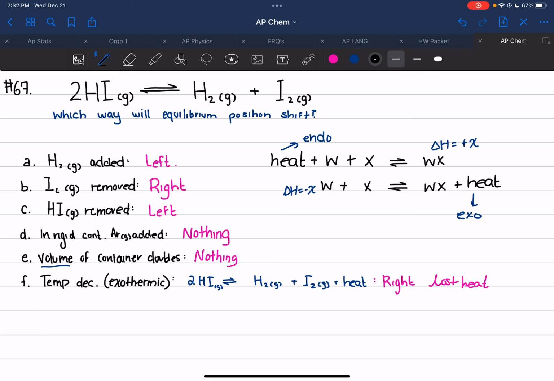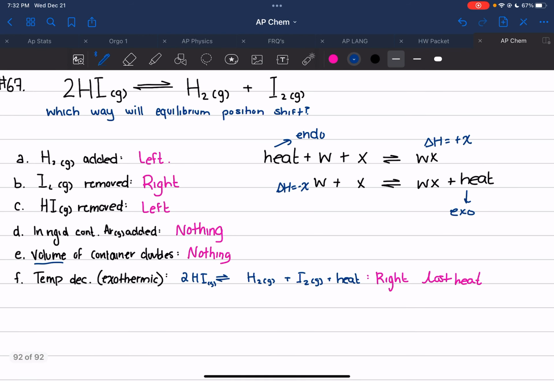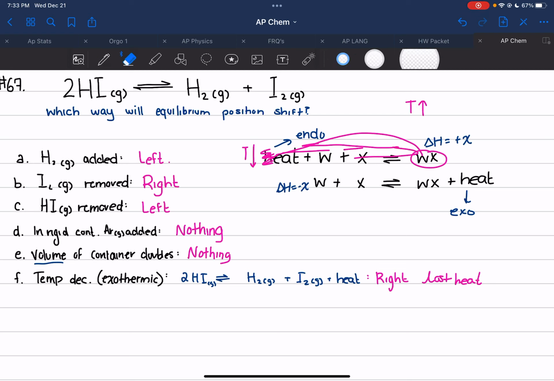If I'm dropping my temperature for an endothermic reaction, my temperature goes down. I'm going to obviously shift this way because I'm losing some of this. Let's say I lost the H. I'm going to have to take from here to get my H back. And if my temperature goes up, I'm going to shift the inverse because that means I'm gaining. So now I don't have H, I have 2H, let's just say, for reference. So that's it.